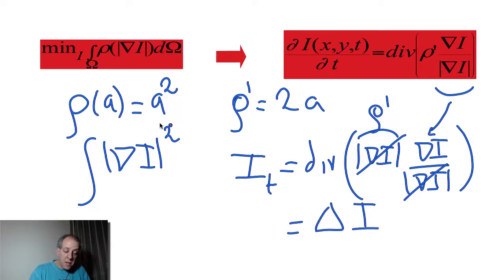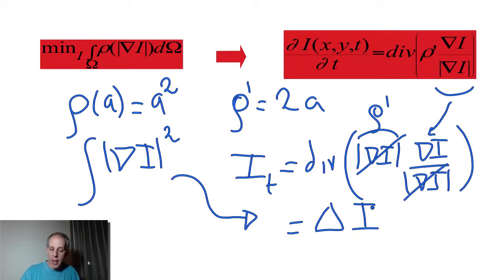For this function, the Euler-Lagrange is basically the heat flow, and that's isotropic. That's basically smoothing it in an isotropic fashion. So that's the Euler-Lagrange of the square of the magnitude. We get the regular heat flow, the isotropic diffusion all around.